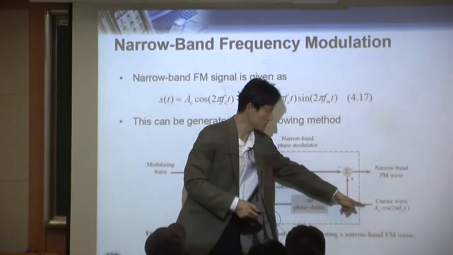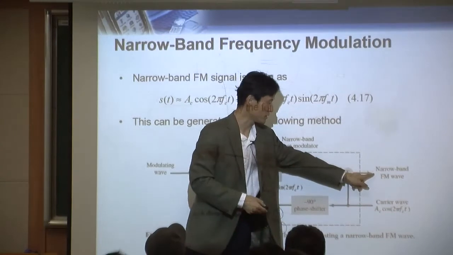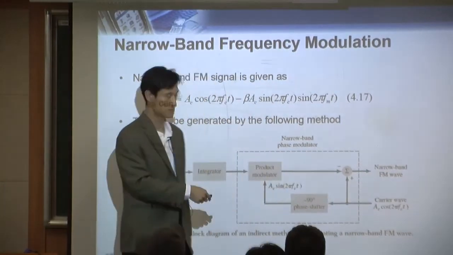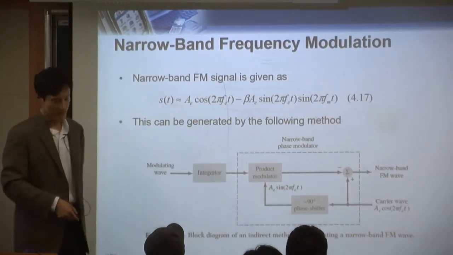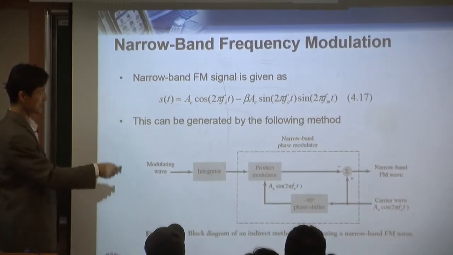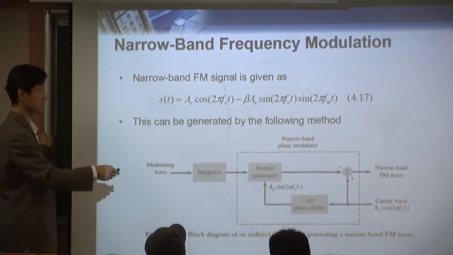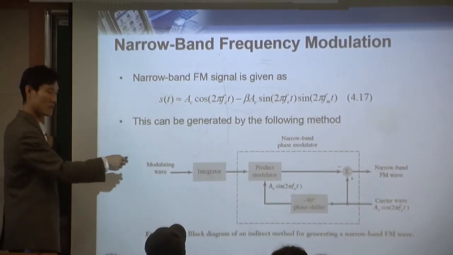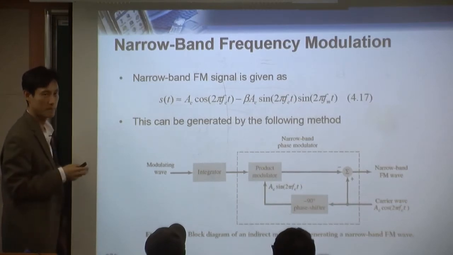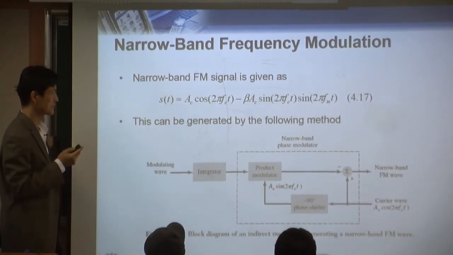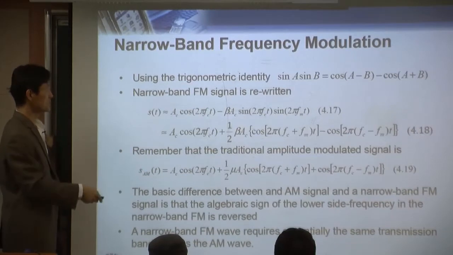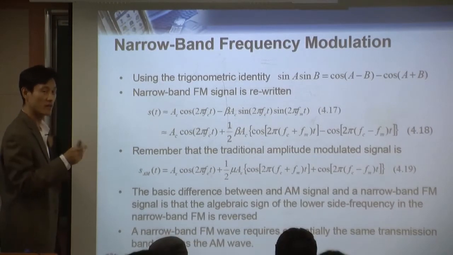So that's what you do, add the cosine carrier. So eventually you're going to get narrowband FM. So this block diagram is just simple. It's just the same as this mathematical equation. So you can just draw it this way, this mathematics, both are exactly the same. Okay, so that was the narrowband FM modulation.